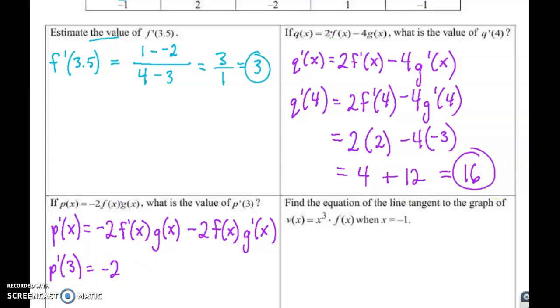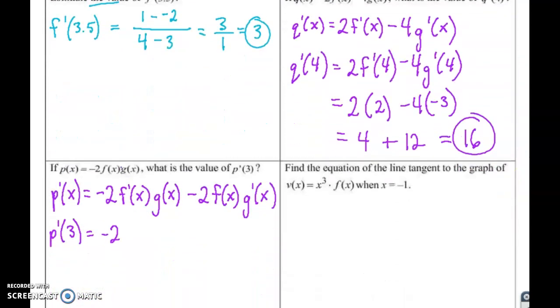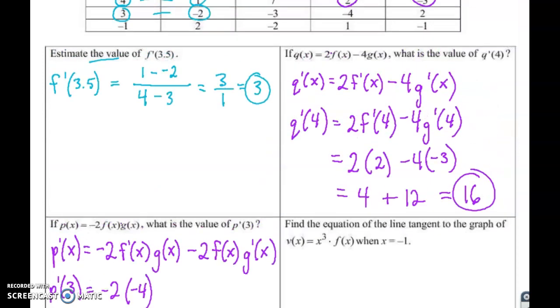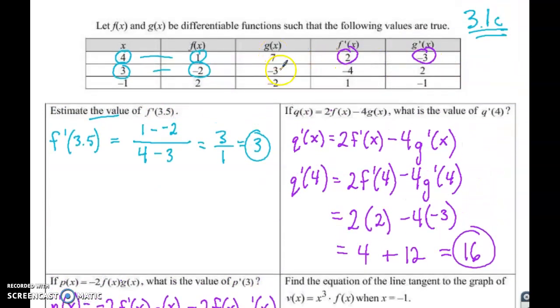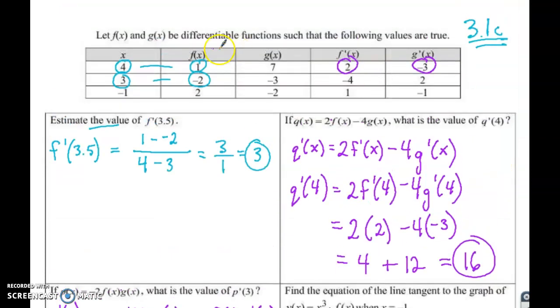So now as I find p prime of 3, I know it's negative 2. I'm going to go to the chart. I'm tired of rewriting stuff. F prime of 3 is negative 4. G of 3 is negative 3. Minus 2 times f of 3.